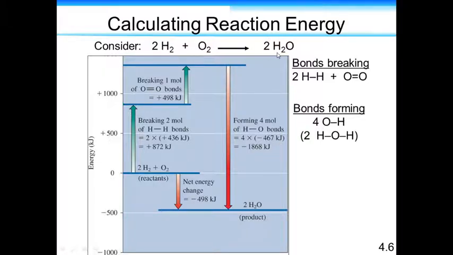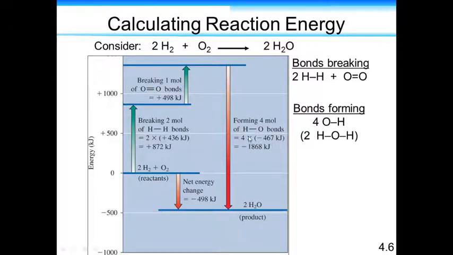This time we have H2O, so we have to form this bond between the oxygen and the hydrogen, and this bond between the oxygen and hydrogen. So that's 2 OH bonds. But then in the balanced equation, we form 2 water molecules, with 2 OH bonds each.